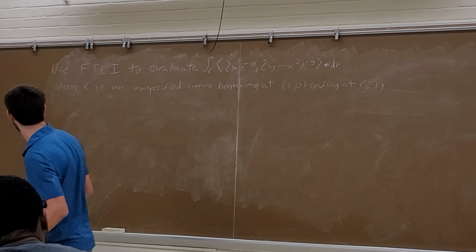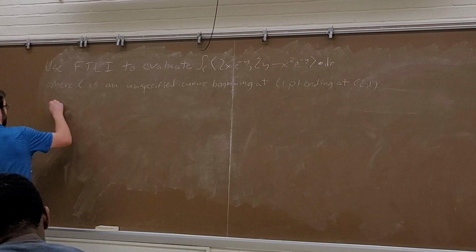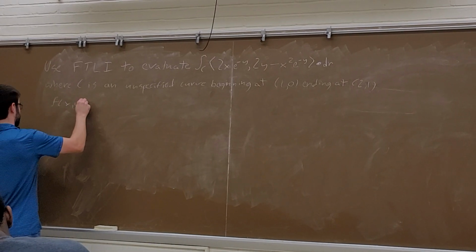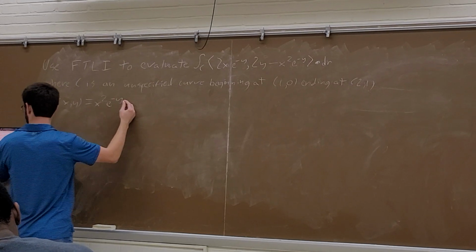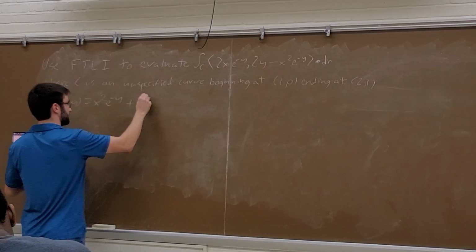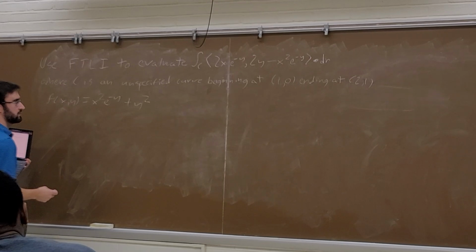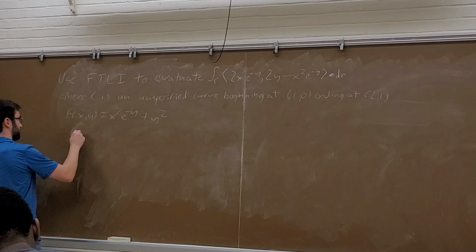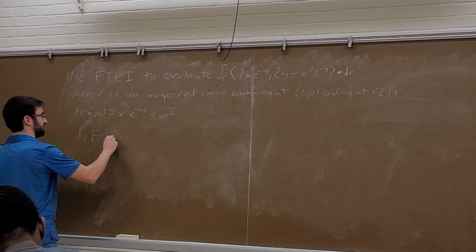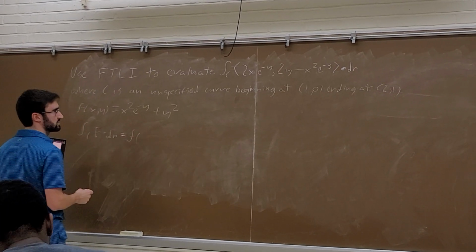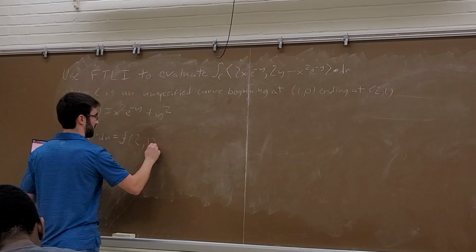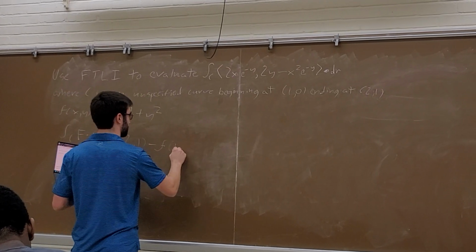Alright, so we have the fundamental theorem of line integrals here. Little f is equal to x squared e to the y squared. So using the fundamental theorem of line integrals, the line integral of F dot dr is equal to f at the end, which is (2, 1), minus f at the start, which is (1, 0).